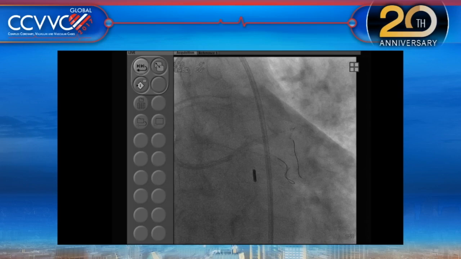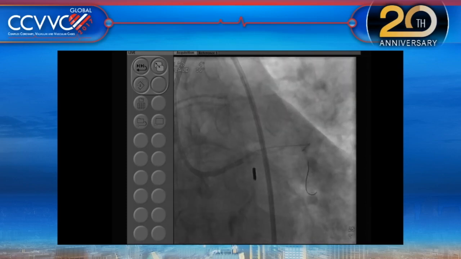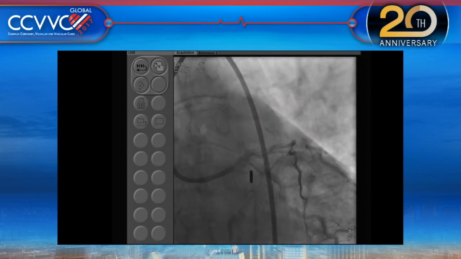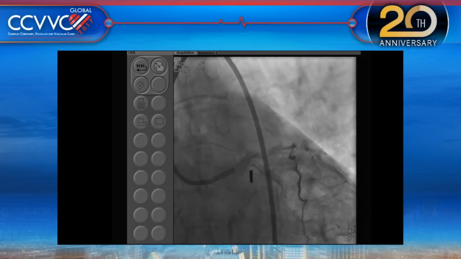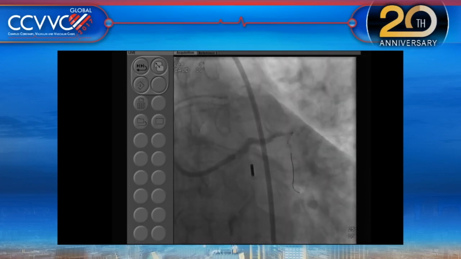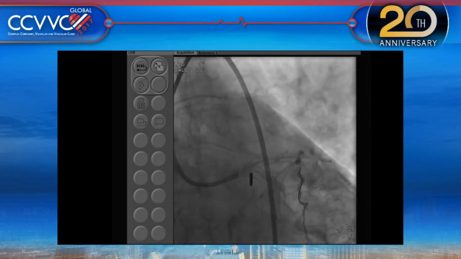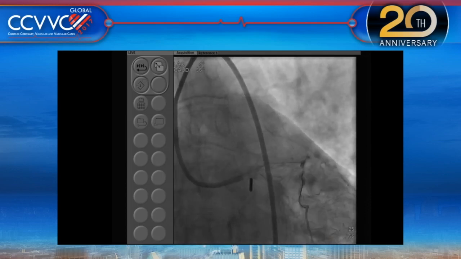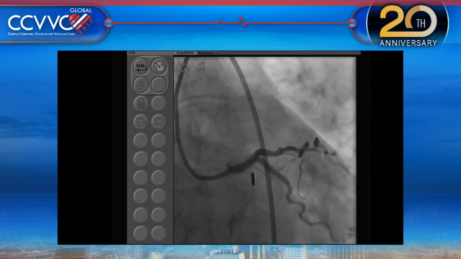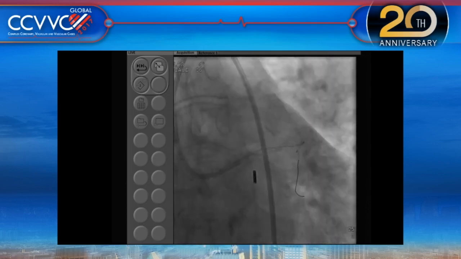You were talking about using the first generation kissing stents, and newer generation do not work as good. Why wouldn't it work as good as the older generation stent? No, we are talking about SKS technique. They were asking, do you do SKS? And why not with the newer stents? There's thin strut.